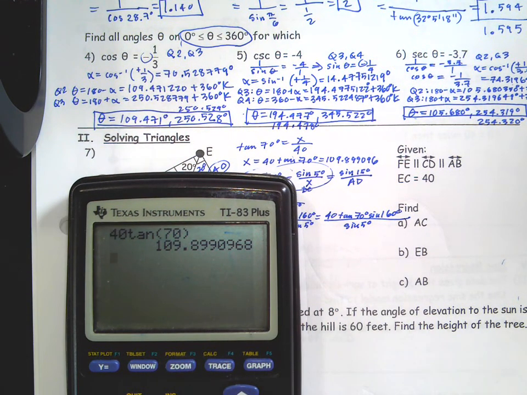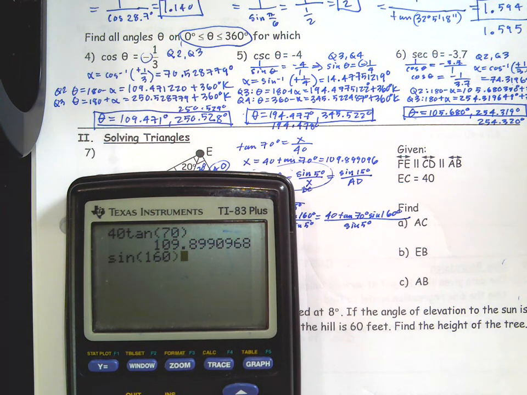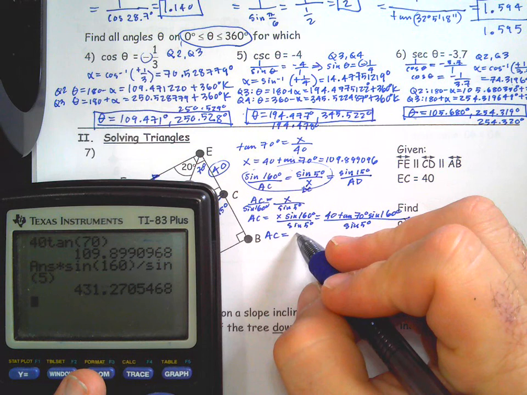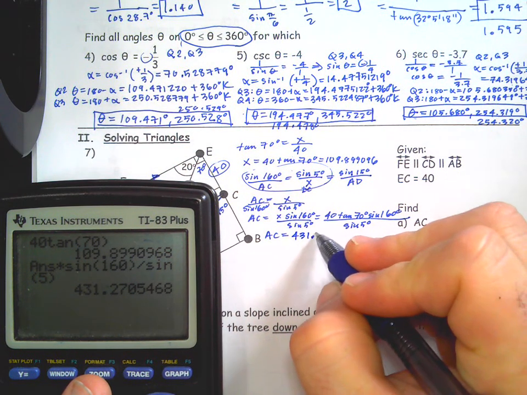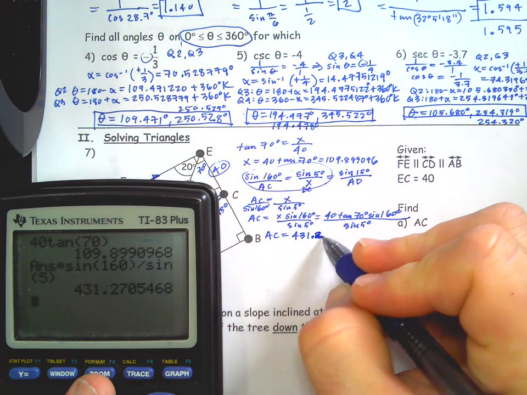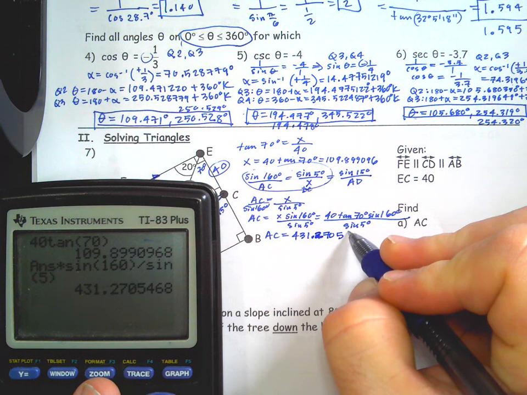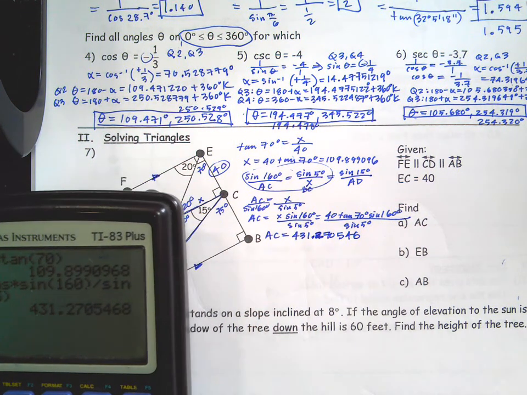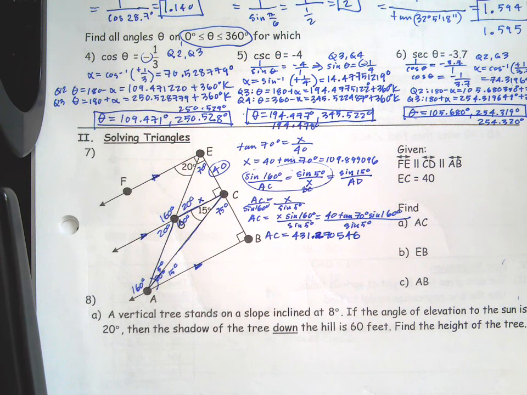So the previous answer times sine of 160 divided by sine of 5 equals 431.270546. Just in case I need this for another calculation, I'm going to keep some extra decimals right now. Okay, so that's AC.